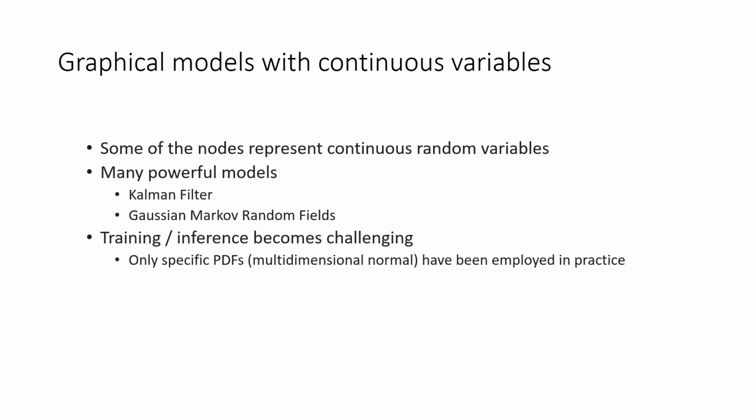And as I said, training and inference become very challenging, as we'll see in the next tutorial. So usually what people do is define specific PDFs, for example a multidimensional normal, so that they can perform some kind of practical inference on the variables, like identifying the parameters.